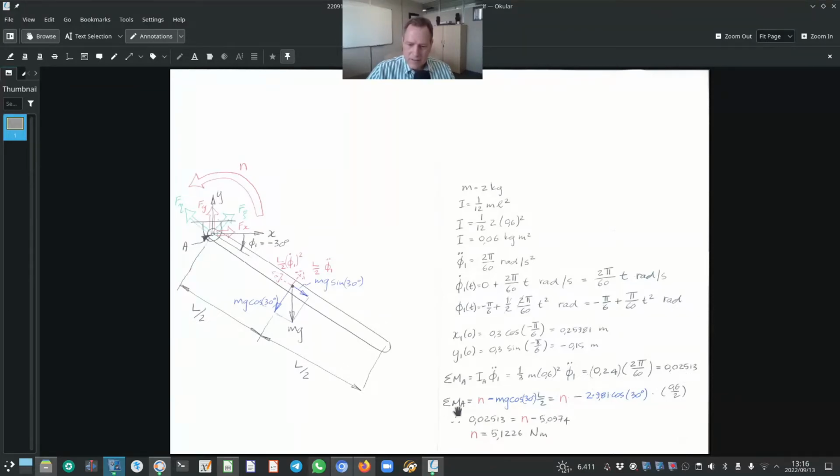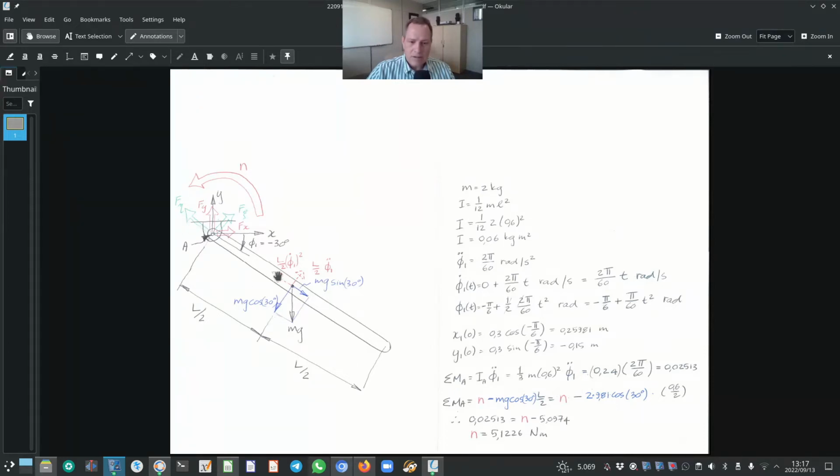If we now look at the moments as a result of the forces that act on the body, then it's easy to see that the sum of the moments about point A equals this moment n, written down over here, and then there's the moment caused by the weight of the pendulum rod.